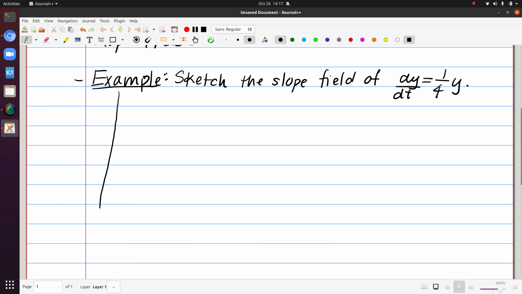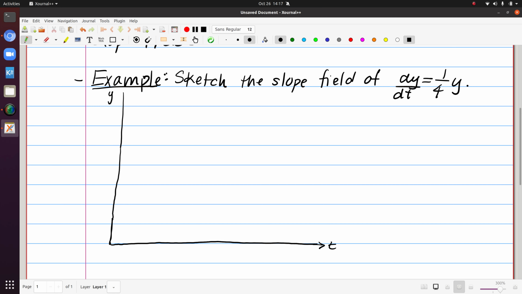It, of course, is a little bit vague that we weren't told exactly which coordinate points to consider in plotting this. So I'm going to just assume we look at the first quadrant. Here we have my t and y axes, but what we plot here is going to be different from what we normally think about.